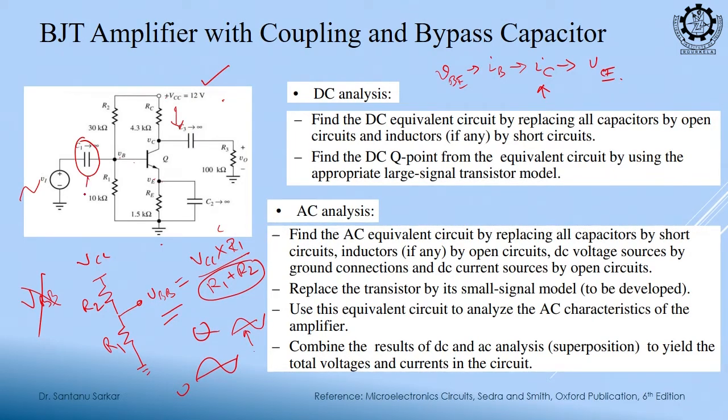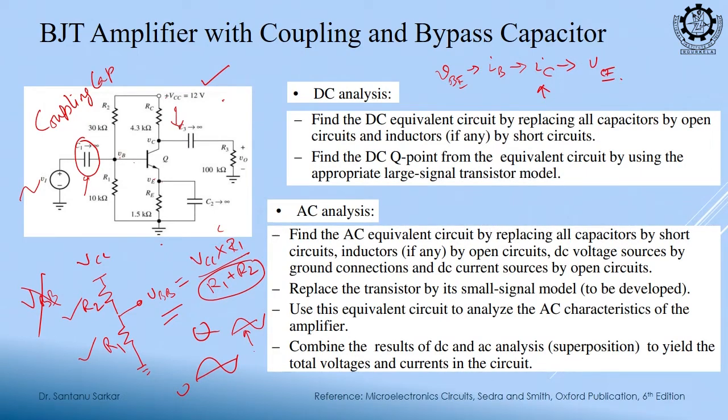So, this is a coupling capacitor at the input side. The job of this coupling capacitor is to pass the AC but block the DC, because DC I have already properly biased. I have taken pains to calculate R1 and R2 to properly bias this.